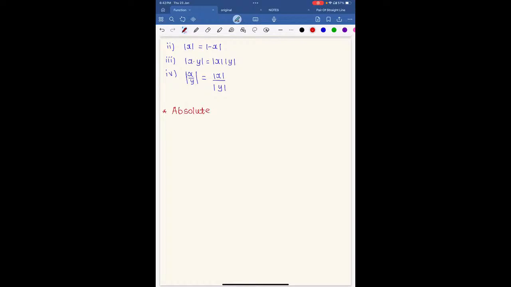So we know that root x exists if x is greater than or equal to 0.